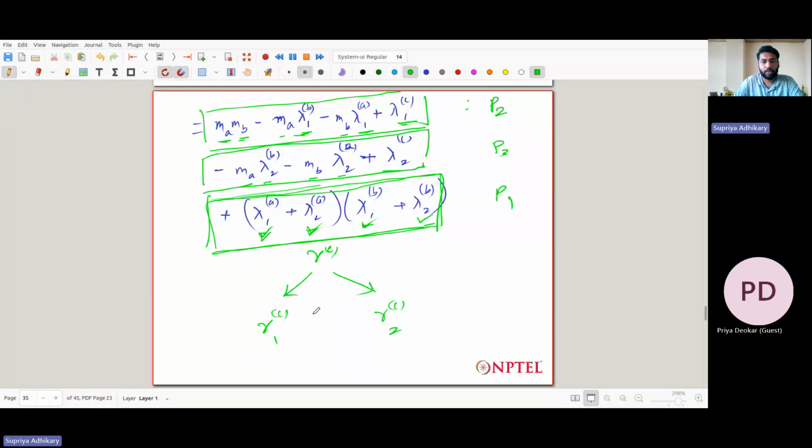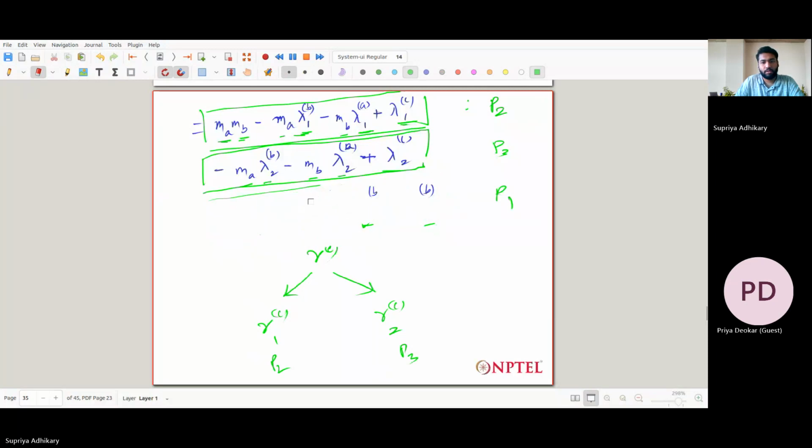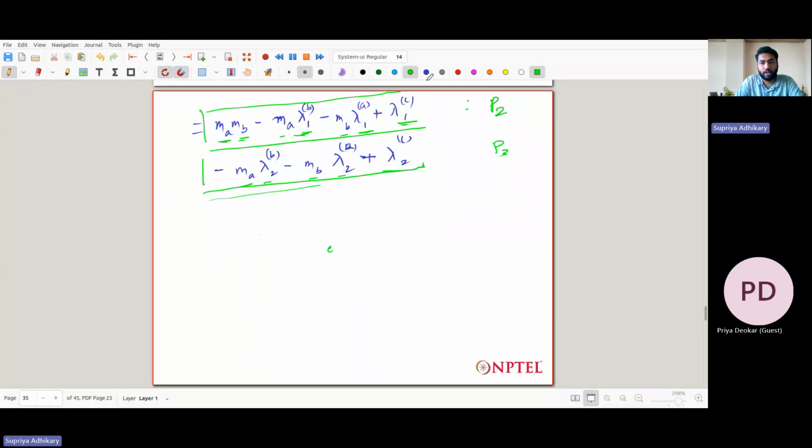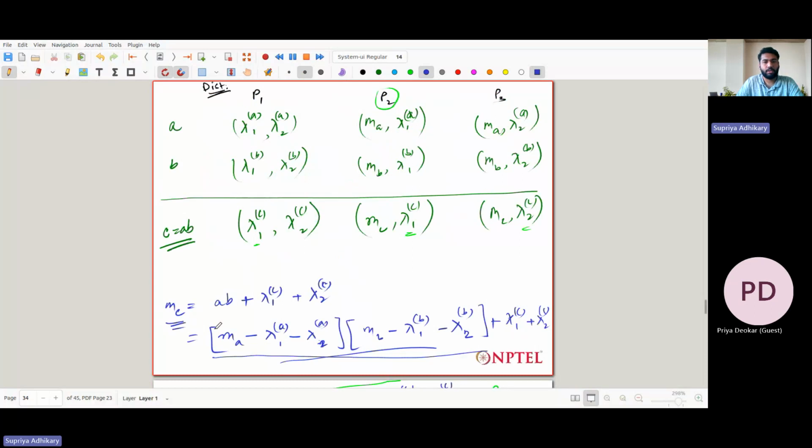And this can be shared with P2 and P3 respectively. So there are shares gamma C1 and gamma C2 that P1 has sent to both P2 and P3 at the time of preprocessing, and the sum can now be equal to MC. So MC can now be computed by both P2 and P3 in this way.